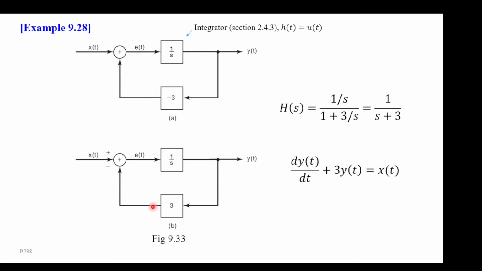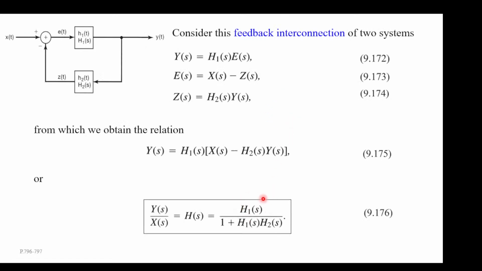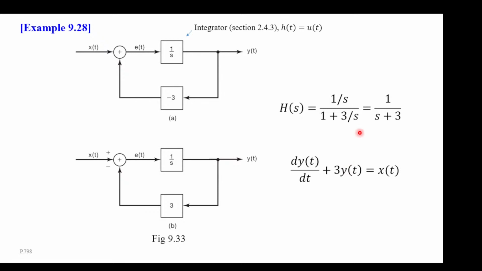So H(s) is 1 over s divided by 1 plus 3 over s. You multiply by s on both the upper part and lower part, so H(s) is 1 over s plus 3.